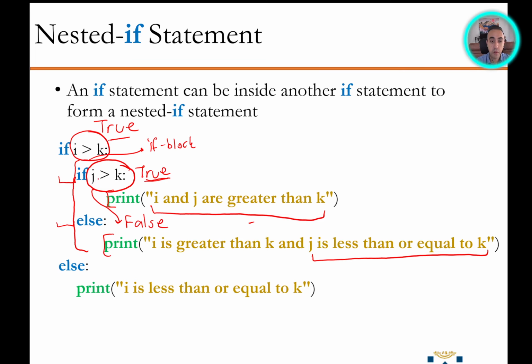But I was always greater than k because we are inside the if block here, which means that I is greater than k. So you print "I is greater than k."